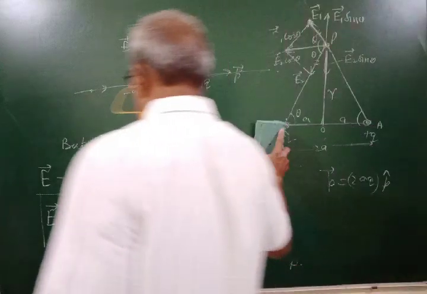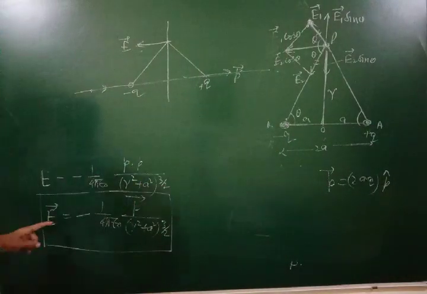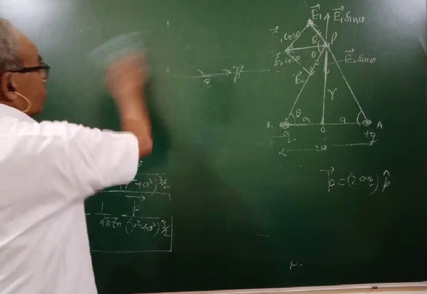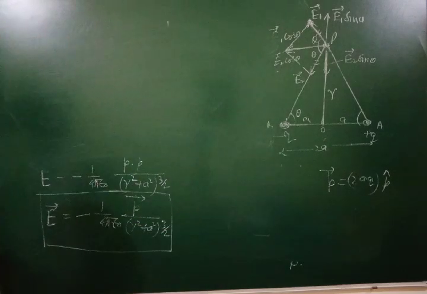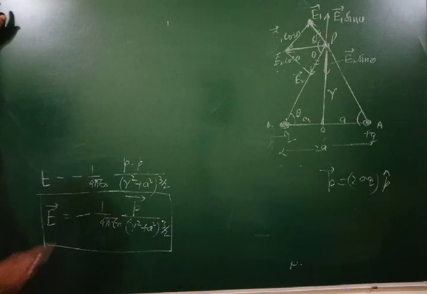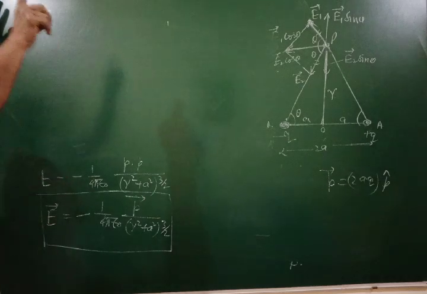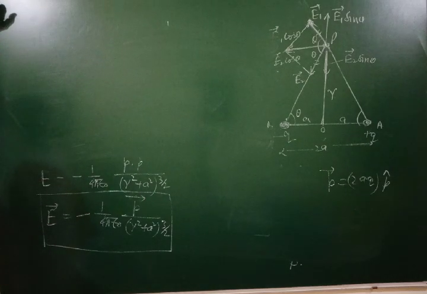So the concluded part is vector E equal to minus 1 upon 4 pi epsilon 0, P upon r square plus a square to the power 3/2. Now the minus sign, I am repeating again, indicates that at the right bisector, or at equatorial points of the dipole, the electric field is anti-parallel to dipole moment.